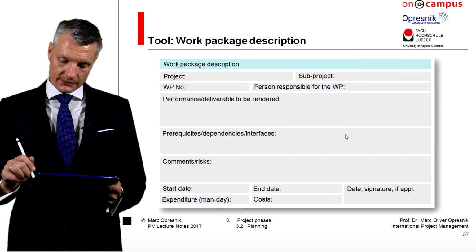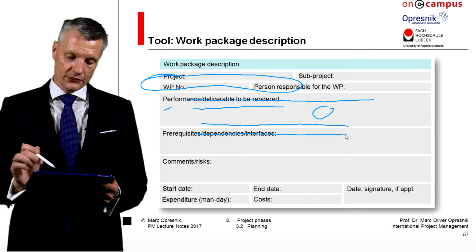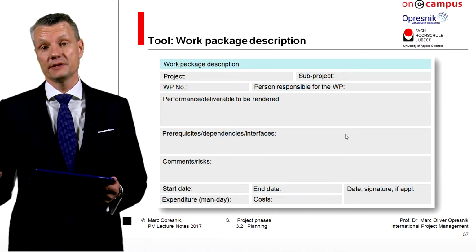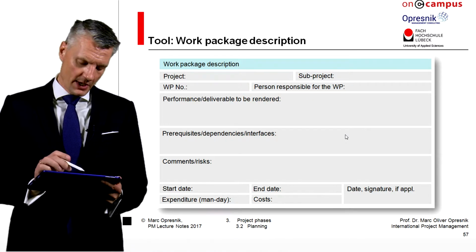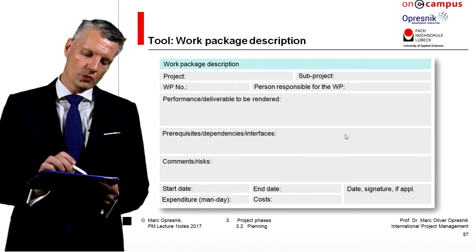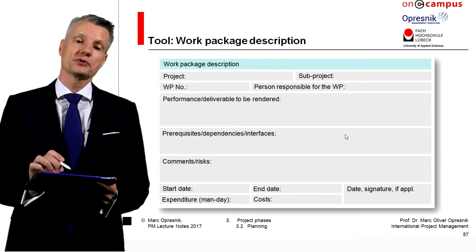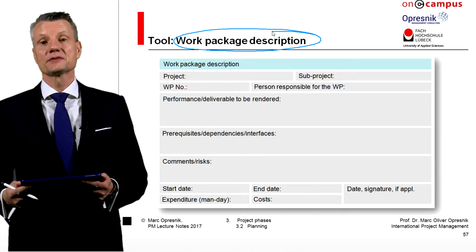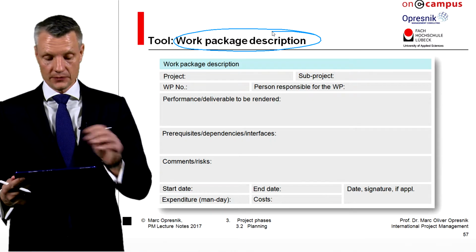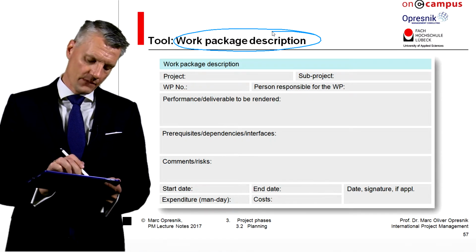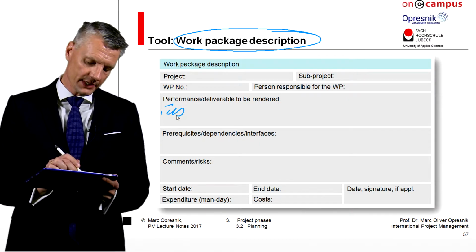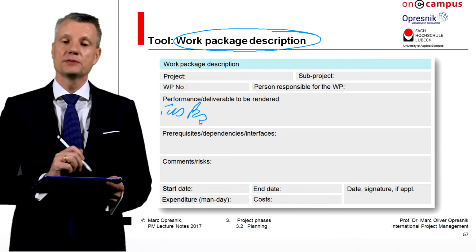It makes sense, if you plan your project thoroughly, in order to avoid any kind of mistakes or miscommunication, to have a tool which we call work package description. And this description, this tool, lists for every work package what the key tasks are, tasks that need to be done.